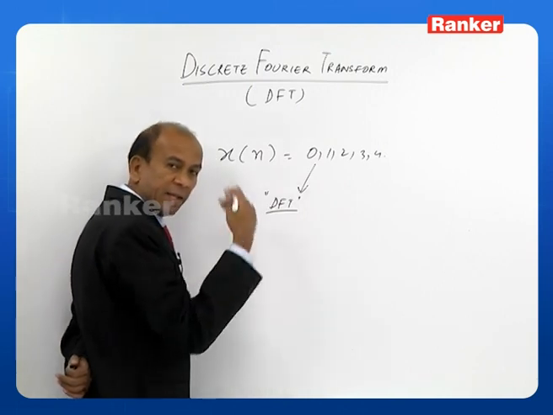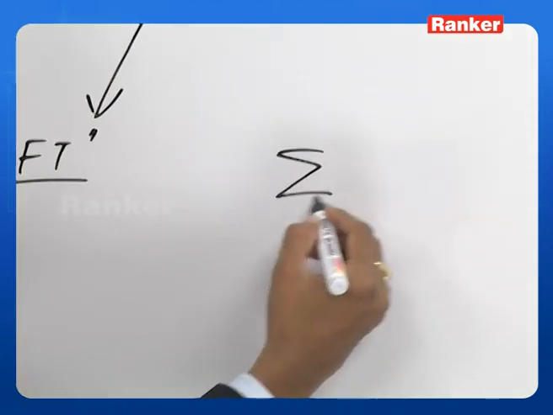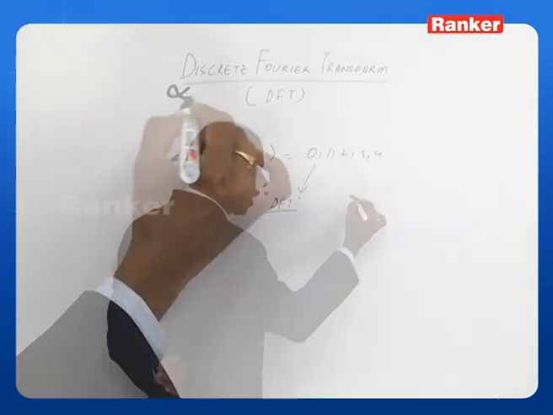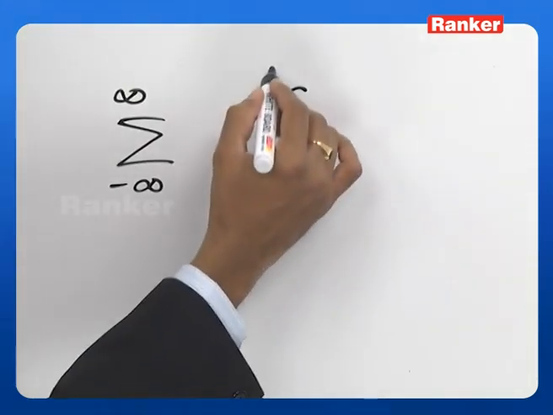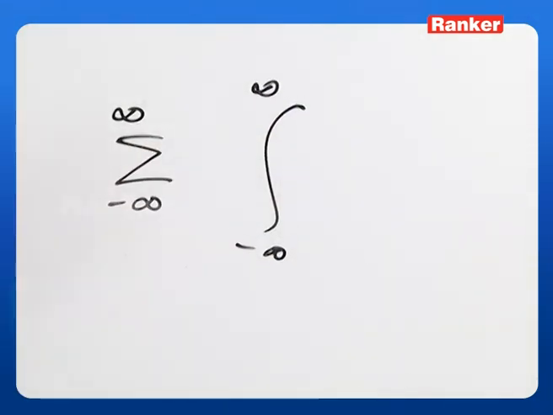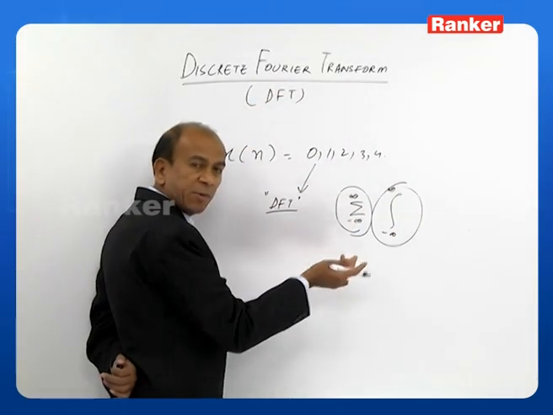That means in the earlier case of discrete time Fourier transforms and Fourier transforms, whenever you do a summation either from minus to plus infinity, or an integration from minus infinity to plus infinity, this is a continuous spectrum, whether in time domain or frequency domain.